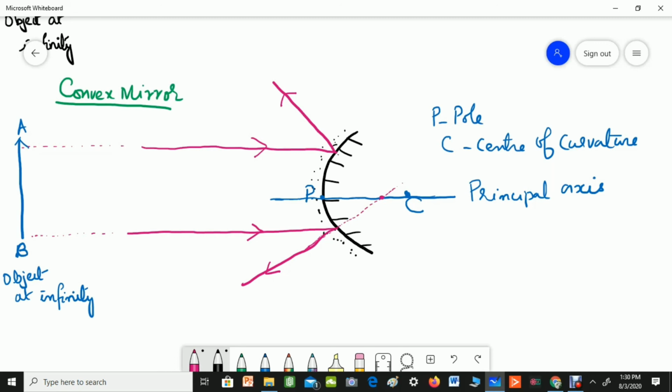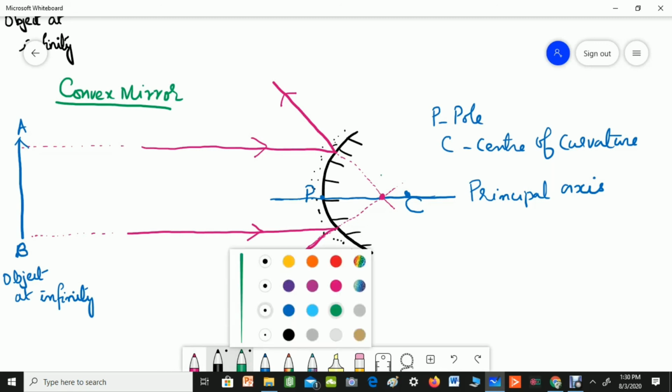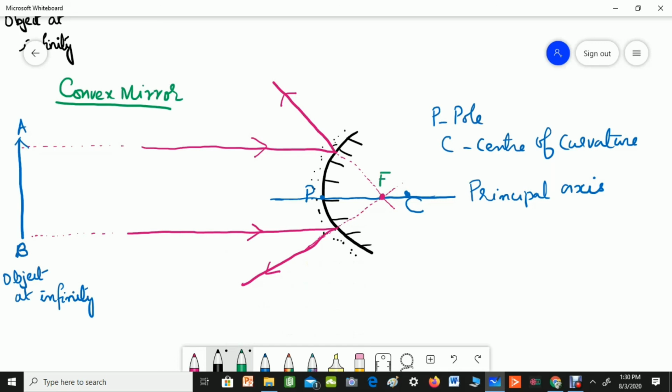Similarly, I'm drawing the other reflected ray, and both these reflected rays appear to come from a point on the principal axis, and this point we call the principal focus F of the convex mirror. So you need to remember one thing: while drawing a convex mirror, the principal focus is formed on the back side of the mirror.